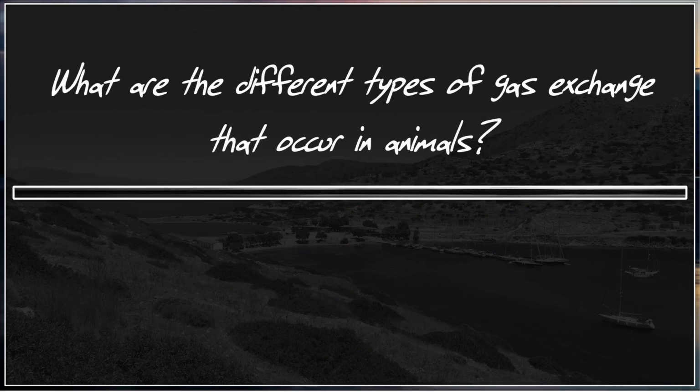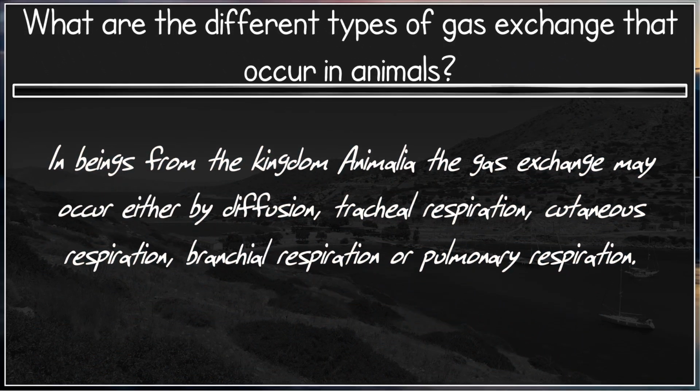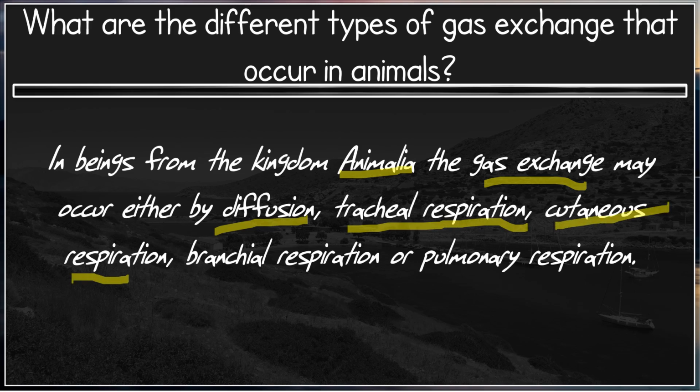What are the different types of gas exchange that occur in animals? In beings from the Kingdom Animalia, the gas exchange may occur by diffusion, tracheal respiration, cutaneous respiration, branchial respiration, or pulmonary respiration.